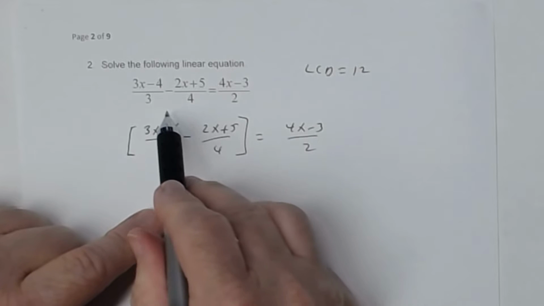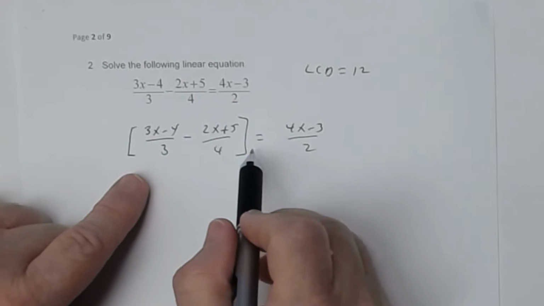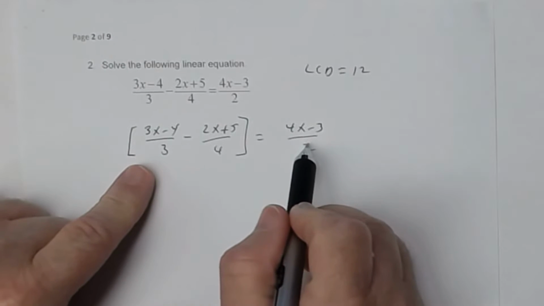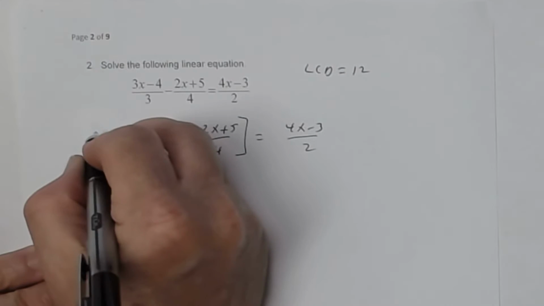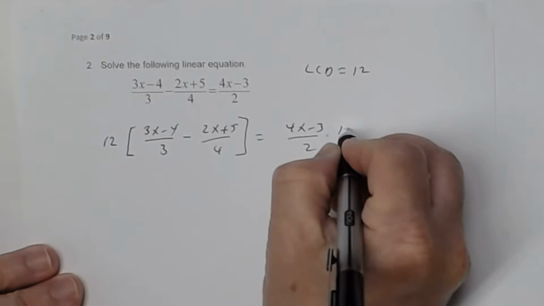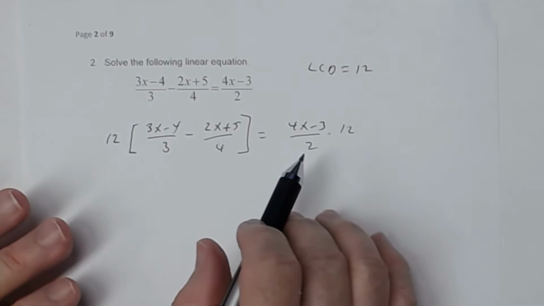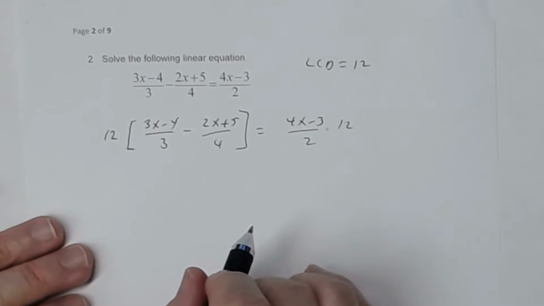So all I did was I just rewrote the equation and I just put those in brackets because each side, the left and the right, have to be multiplied by the least common denominator. So I'm going to say times 12, times 12. So what you do to the left, you have to do to the right. So mathematically, everything you write has to be correct.